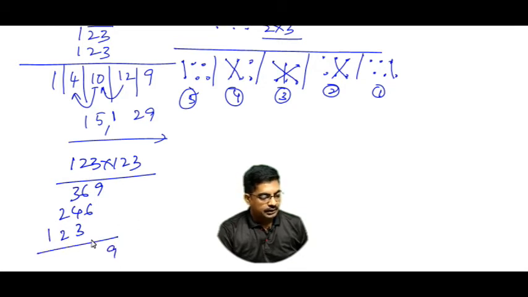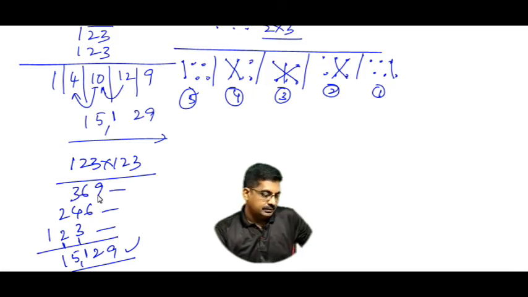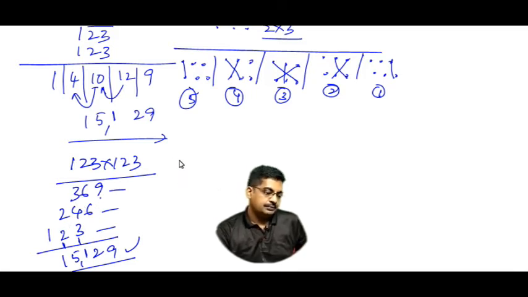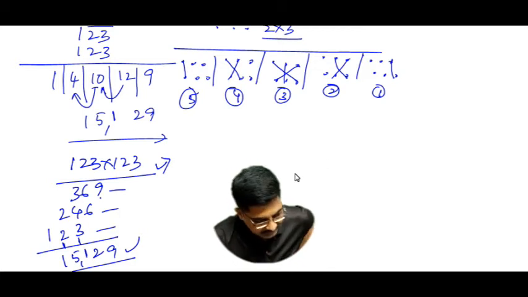So now 9 12 10 11 5 1, 15,129. Just see how many calculations are required. 3 times multiplication and then 5 times additions. 1 2 3 4 5. In Vedic mathematics, it saves the time, it saves the effort, and it gives the result quickly.